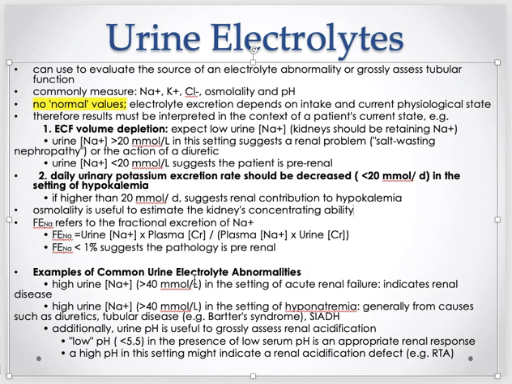What it means is, surely the kidney has a renal acidification defect, or you can say renal tubular acidosis can be there. So, low urine pH less than 5.5 in the presence of low serum pH is an appropriate renal response. A high pH in this setting might indicate a renal acidification defect or renal tubular acidosis. A very, very, very important thing.